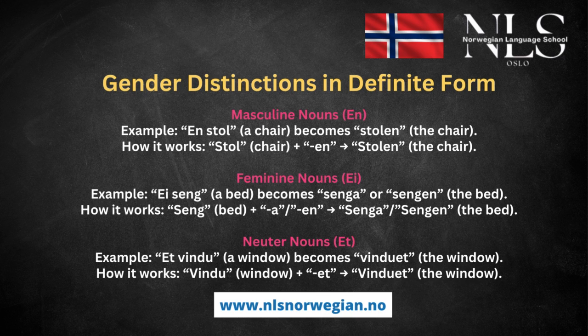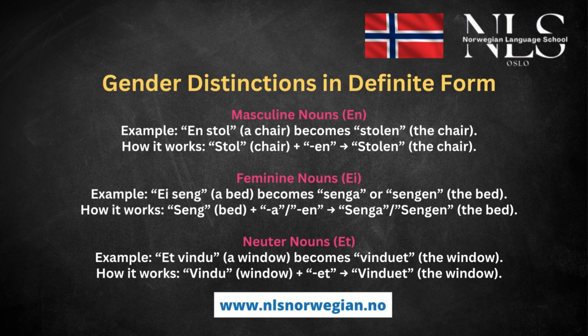Neuter nouns, et. Neuter nouns using et transform into the definite form by adding et. For example, et vindu becomes vinduet, the window. How it works: vindu, window, plus et. The pronunciation is vinduet.